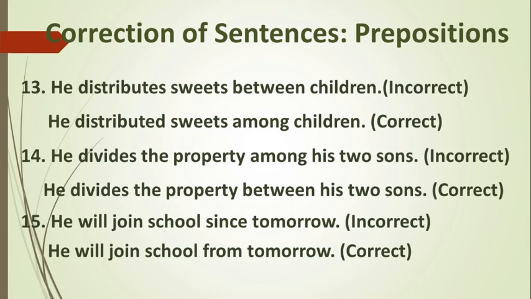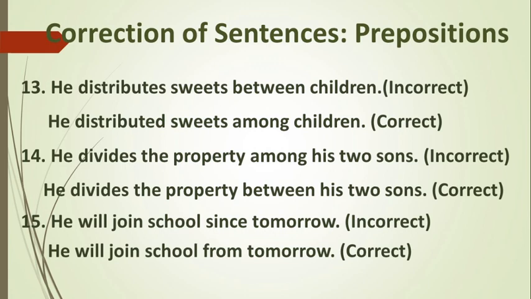And the next one and the last example, he will join school since tomorrow. He will join school from tomorrow. So the second sentence, he will join school from tomorrow, is the right one.